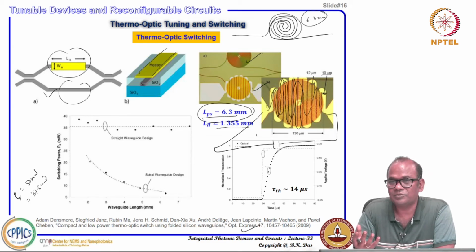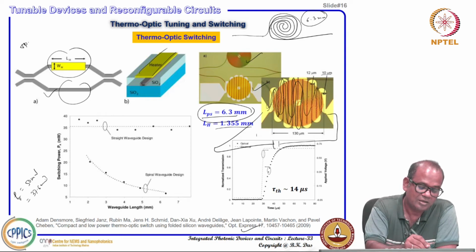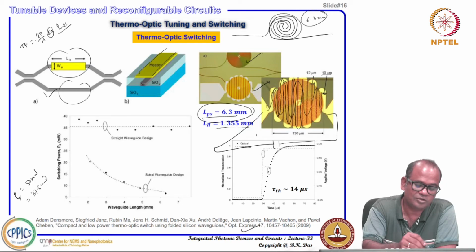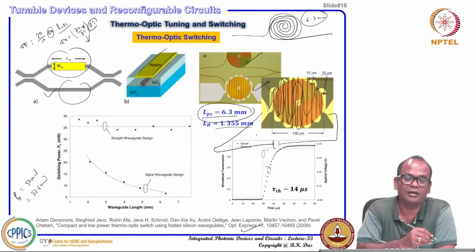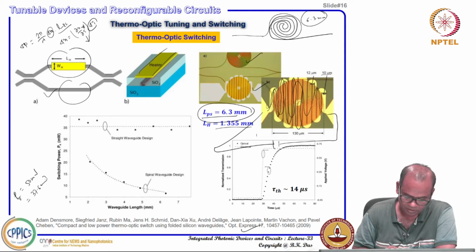Since the waveguide length is very long, and I know the phase shift delta phi is 2 pi by lambda times delta n times LPS, the longer the LPS, the lower the delta n you need. Delta n is the thermo-optic coefficient, delta n effective by delta T, times delta T. This is fixed, so lower delta n means delta T can be lower. So, you can have a much lower temperature for a desired phase shift.